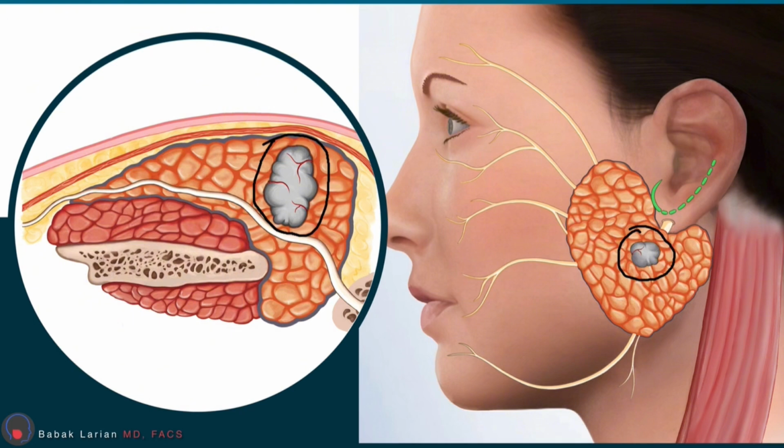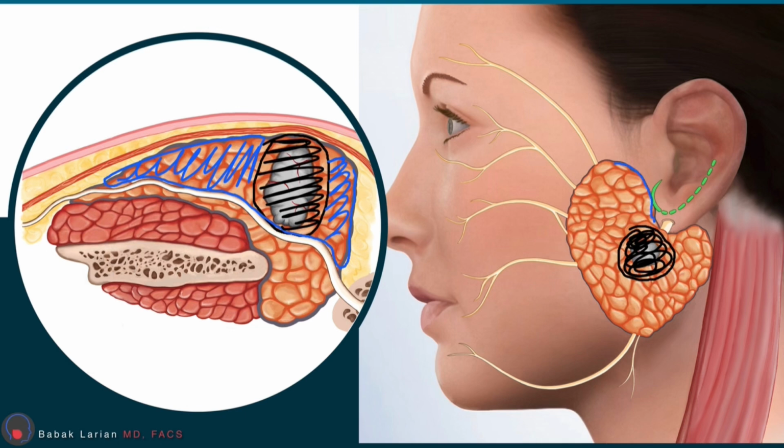So removing the whole entire superficial lobe was the same in terms of recurrence of the tumor, right? The tumor coming back as just removing this black area. So just removing the black area versus all of this additional tissue, right? So it's an over operation, okay?